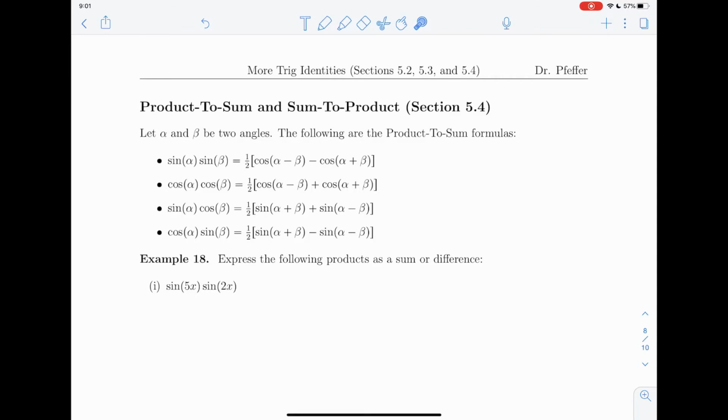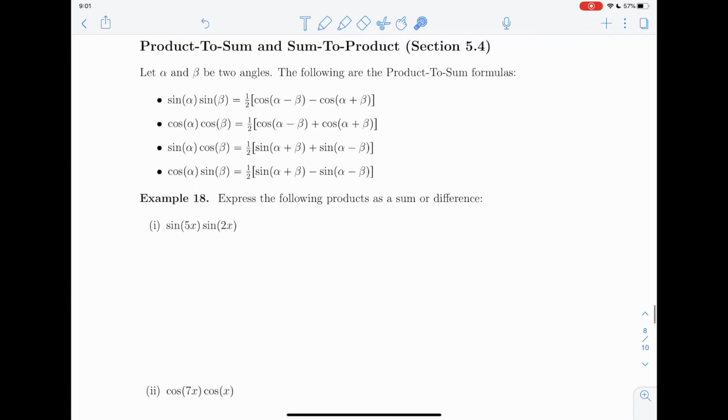For example, what if I encounter something like the sine of 5x times the sine of 2x? The question is, what's this going to be equal to? Can I rewrite this as a sum or difference of sines, whereas I don't want to write it as a product?